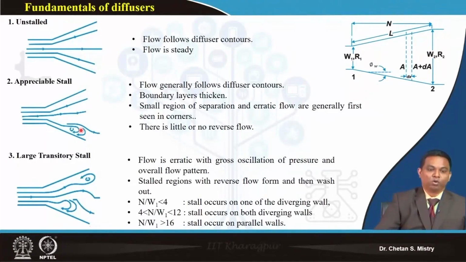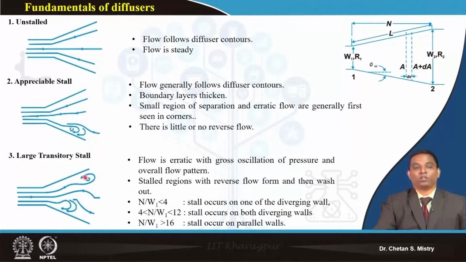Okay. Now if I go very choosy and change my dimension, maybe I will put in a larger divergence angle. What will happen? My flow will have separation taking place from both the walls. Okay. So this is very erratic flow.